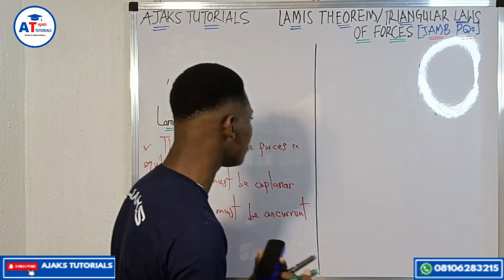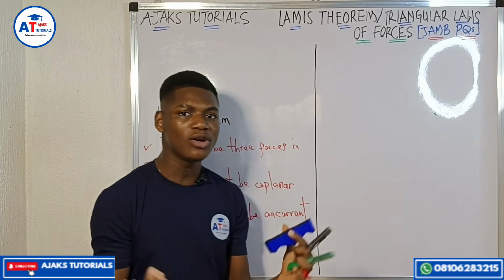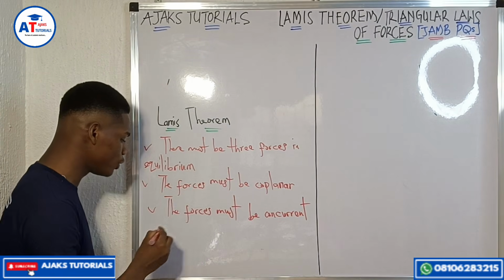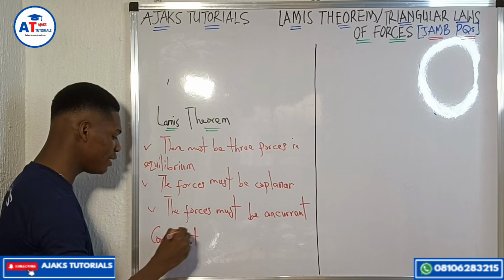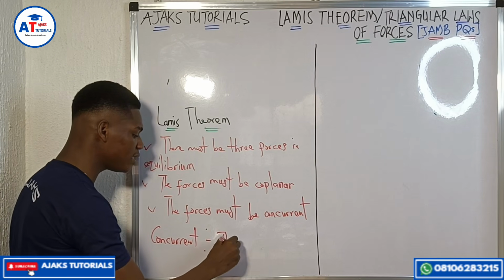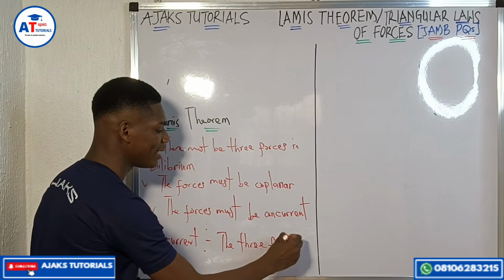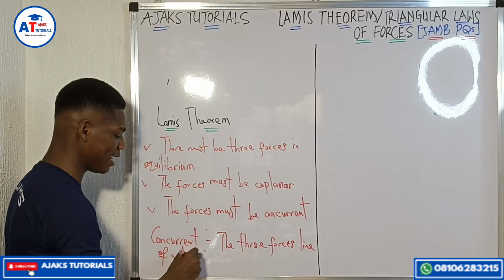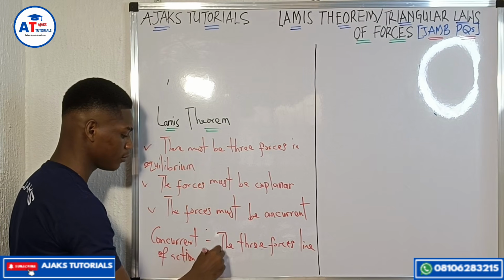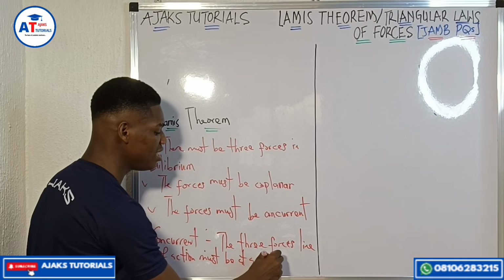Concurrent basically tells us that these three forces, their lines of action must be at a point. So concurrent means the three forces' lines of action must be at a point. That's the meaning of concurrent.